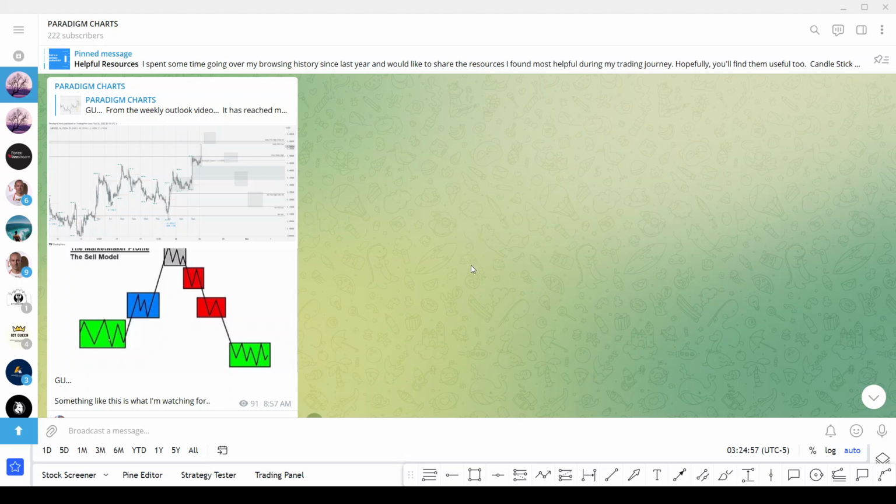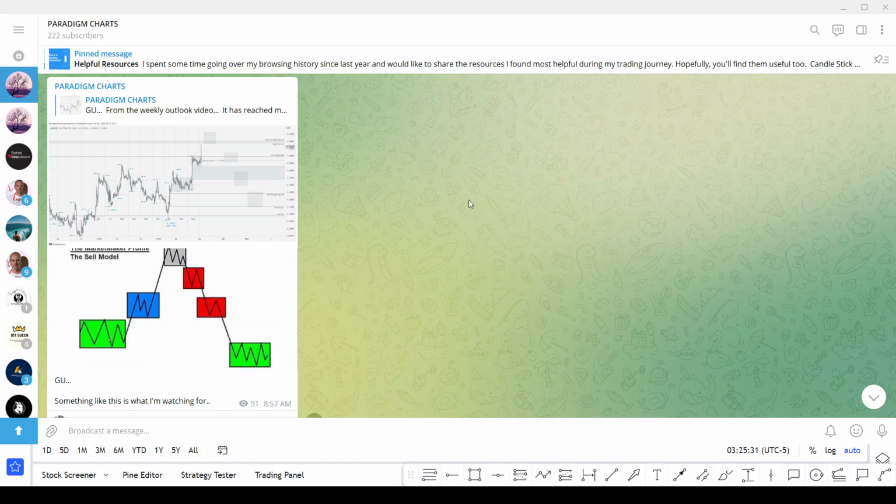I was waiting for price to drop back down into this 4 hour fair value gap. Price failed to drop into it, consolidated, and then moved away. Immediately I saw that, that is my typical signature. That's how I tend to know when a sell or buy model is beginning to play out.